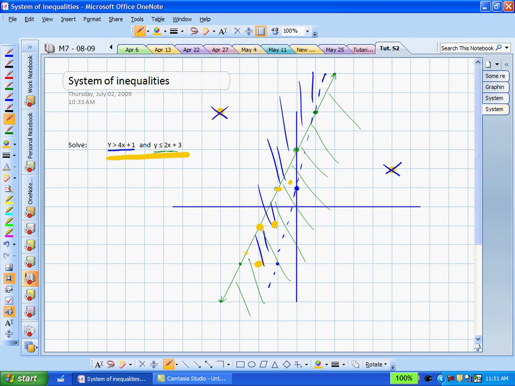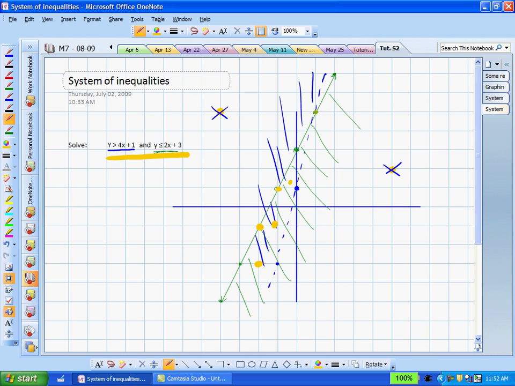So the area that actually works is the intersection of the green and the blue, right? So it's really this kind of triangular shaped wedge. Is that right? Yeah. But on that triangular shaped wedge, the points that are on the dotted blue, do they work? No. If it's on the dotted blue, it doesn't work.